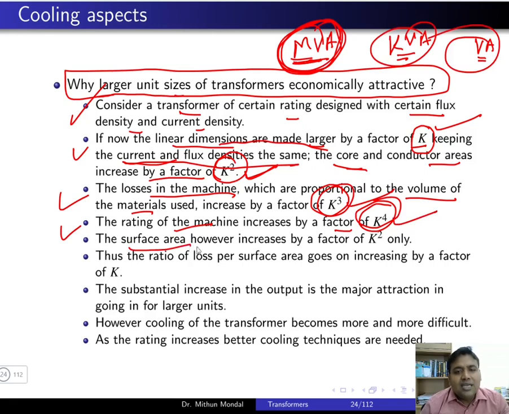The surface area, however, increases by a factor of K square, whereas the rating of the machine is increasing by K4 and losses by K cube.